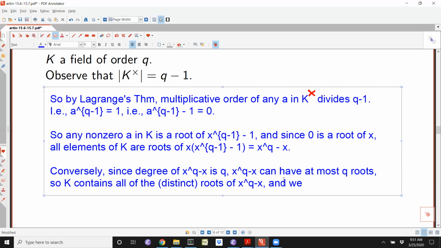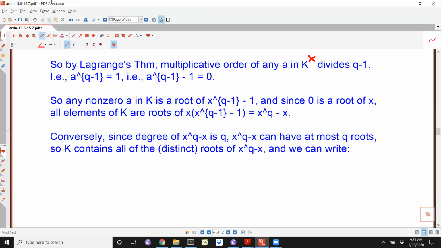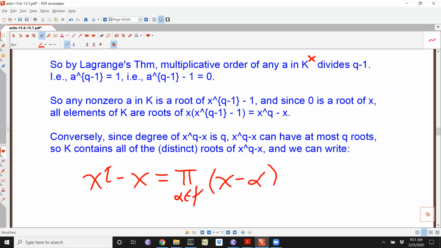And actually, I don't think I put this in the statement, but it follows from this proof. We can write x to the q minus x as the product of all terms x minus alpha, where alpha is in K. Neat, huh?